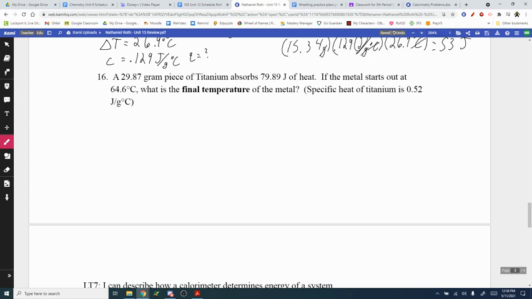Okay. Next, we have 29.87. So that is our mass. Mass equals 29.87 grams. Absorbs 79.89 joules of heat. So that's our Q because that's energy.